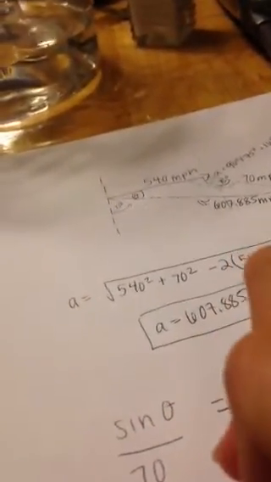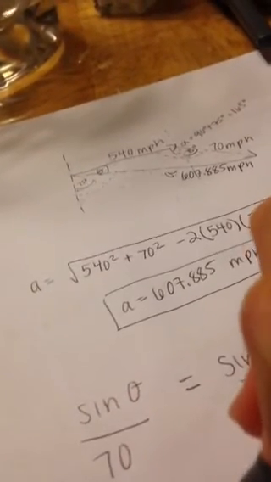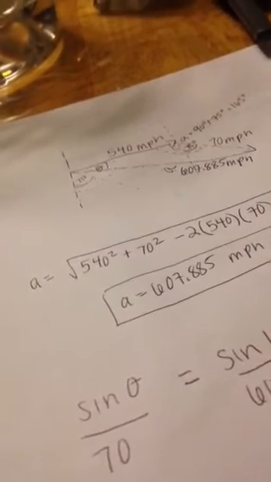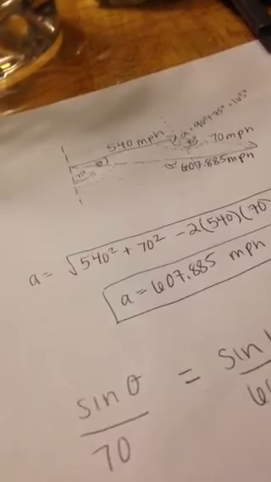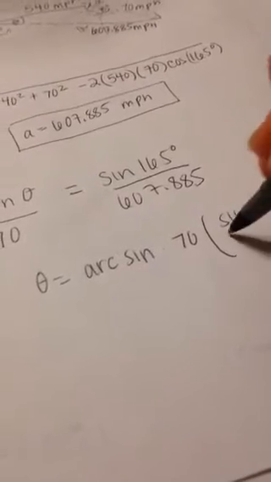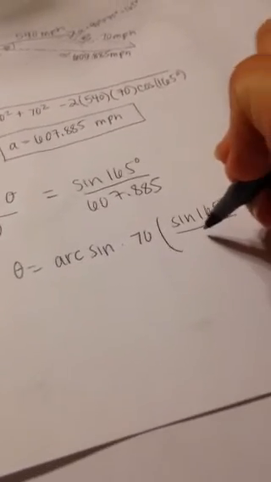So we know theta equals the arc sine of 70 times sine of 165 degrees over 607.885.